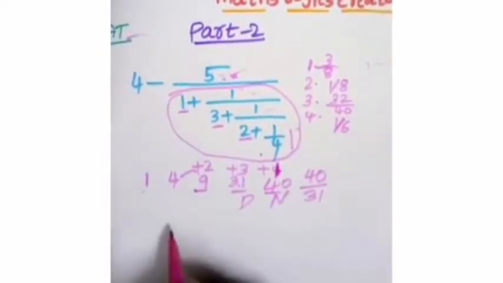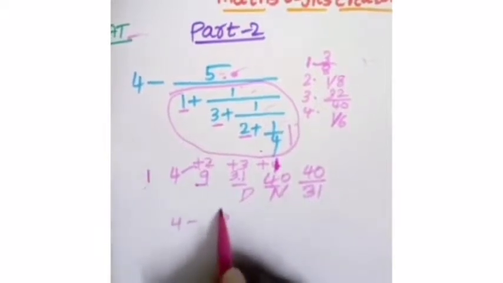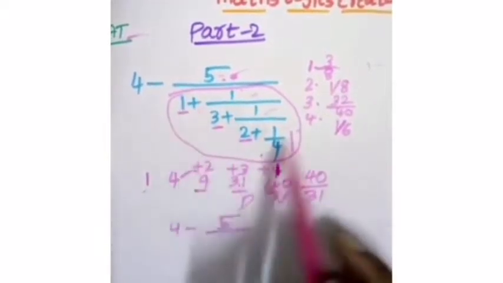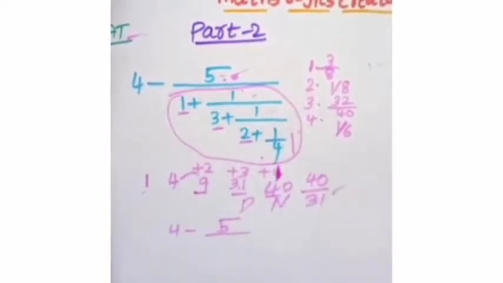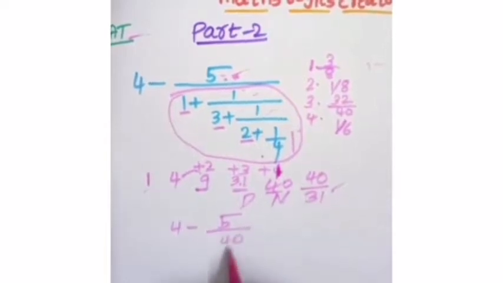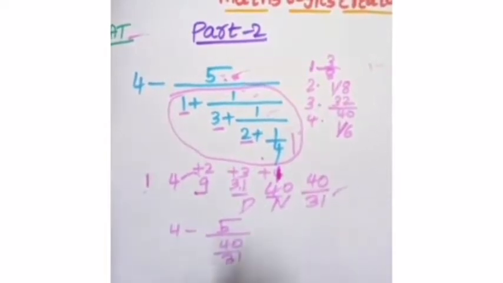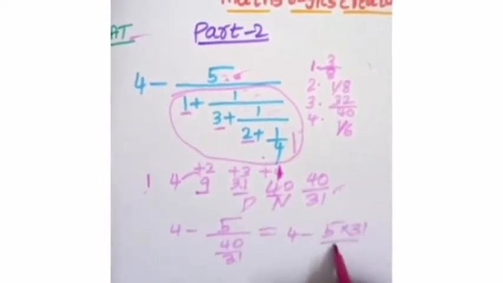Now take the fraction as it is, as given in the question. We solved this denominator part, and the answer is 40 by 31. Okay, so try to solve this as well. So 4 minus 5, this 31 in the numerator by 40.